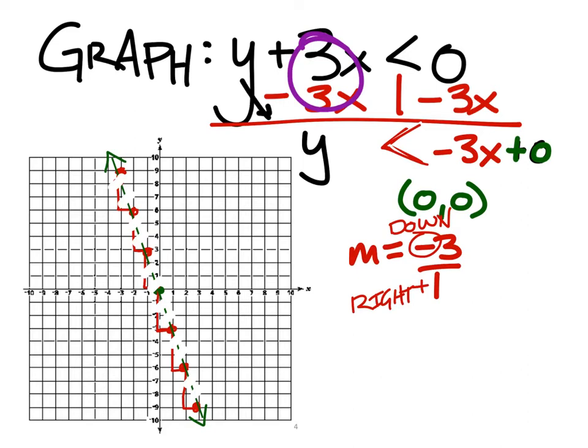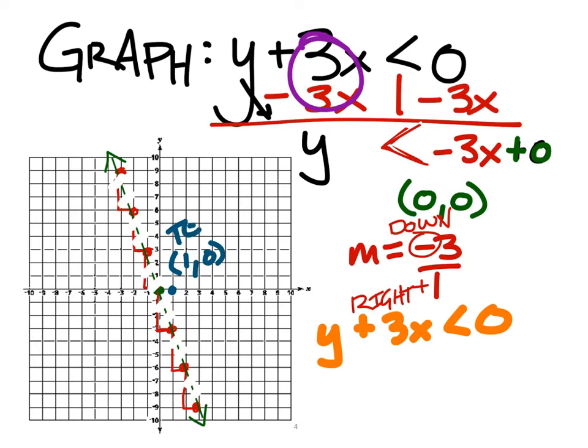So I need to check this, so I'm going to go into the original inequality, which is y plus 3x, and that's less than 0. And I just want to check to see if it's true, and what I mean by it is a point that I need to choose. So the point that I'm going to choose is one here on the right, not that it would matter, and that's the point (1, 0).